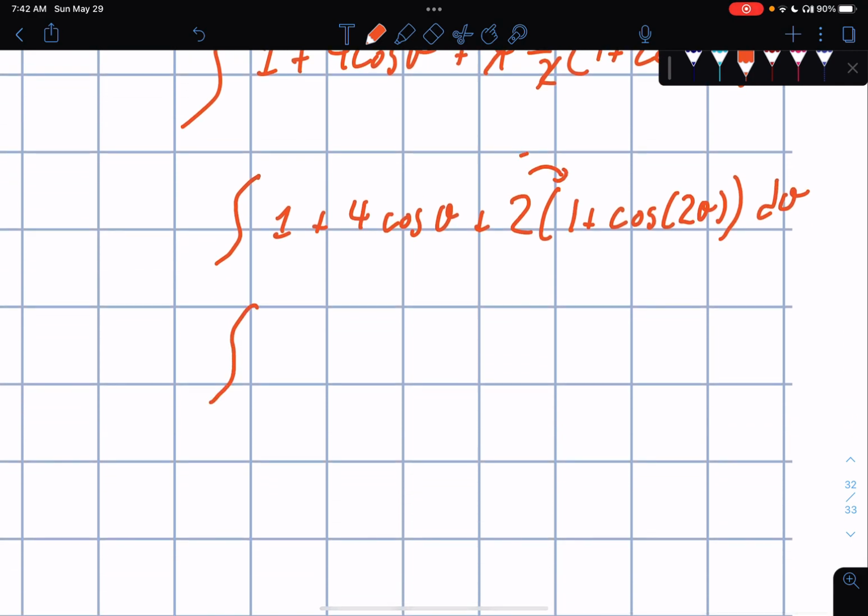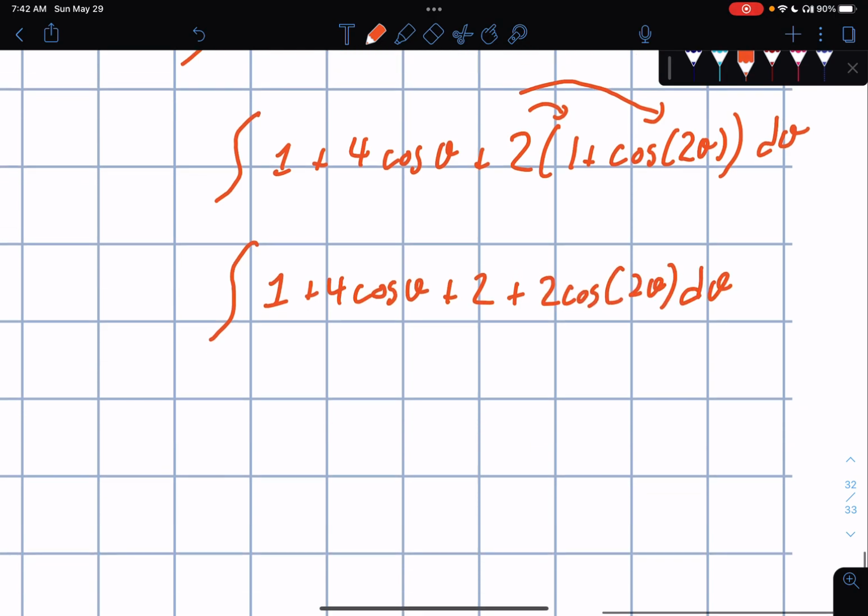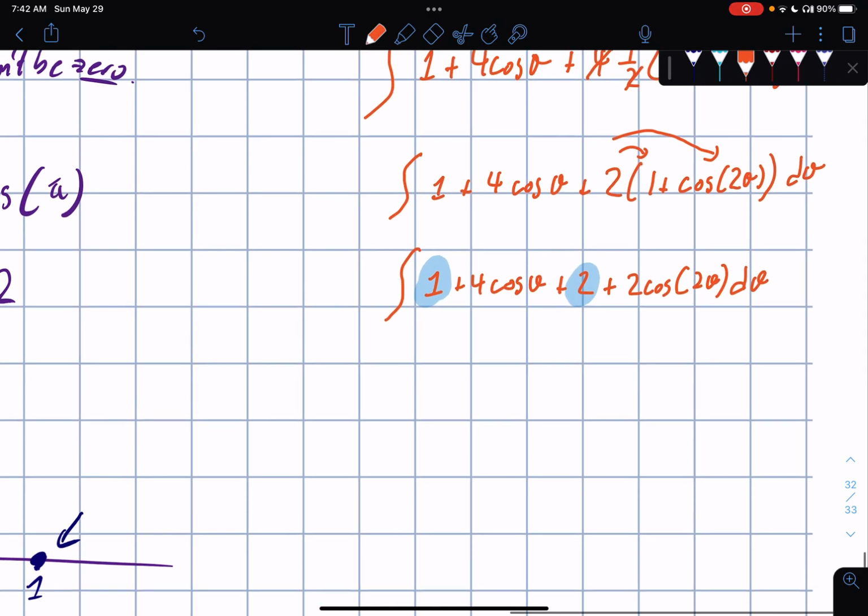I'm going to distribute this now: 1 plus 4 cosine theta plus 2 plus 2 cosine 2 theta d theta. So now we have these two like terms, so I can add them up. Integral of 3 plus 4 cosine theta plus 2 cosine 2 theta d theta.